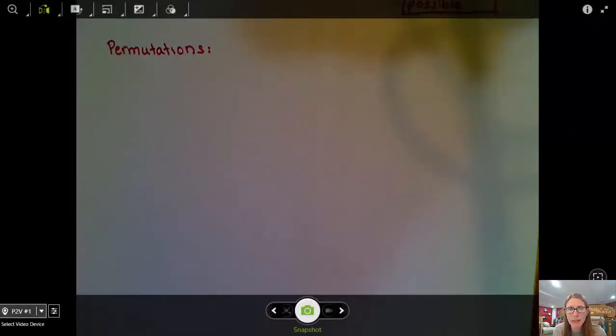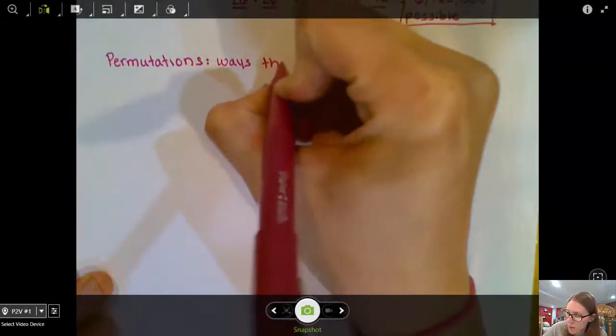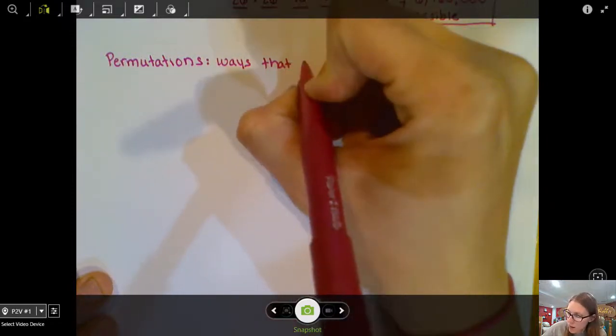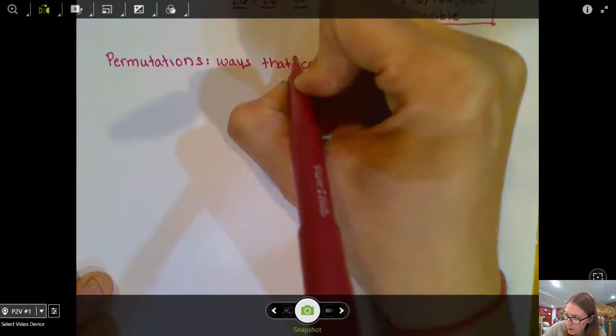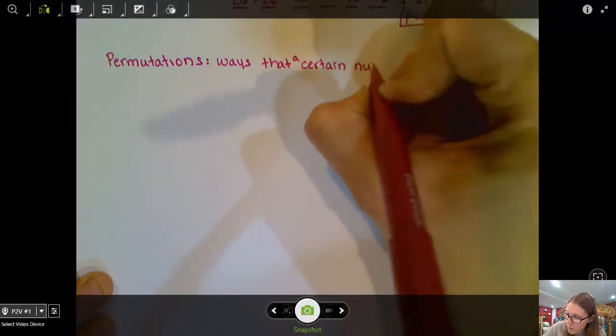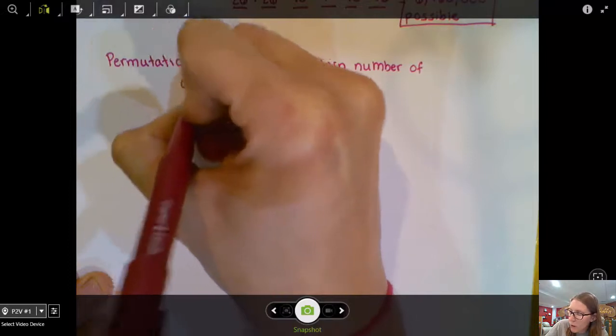Now, a somewhat similar idea to our fundamental counting principle brings us something called permutations. Permutations are just ways that a certain number of objects can be ordered.